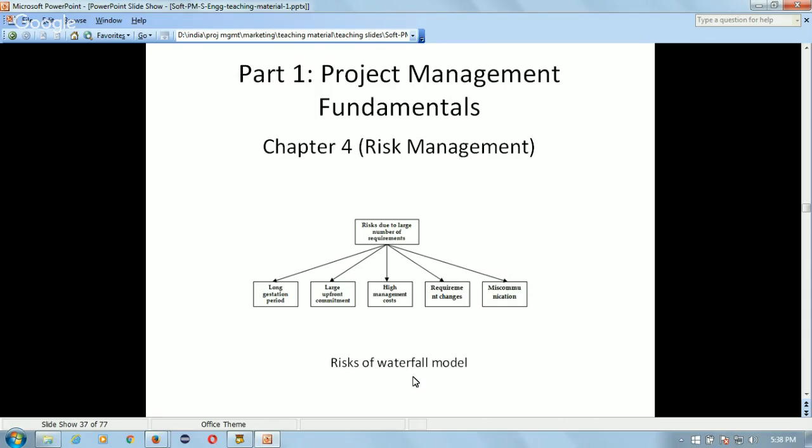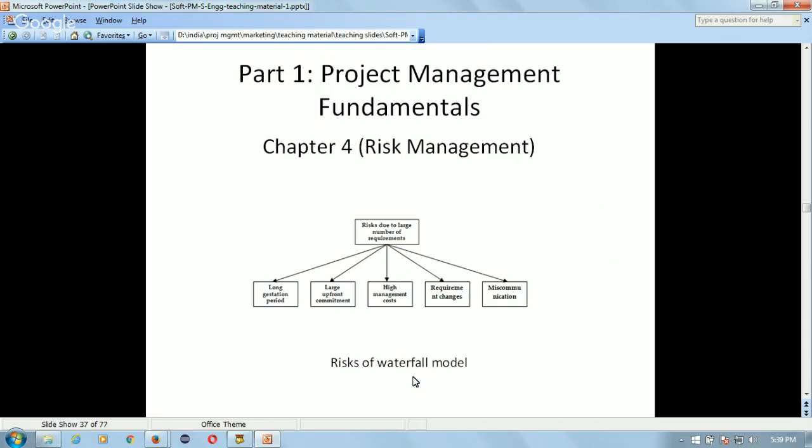And then the requirement changes on waterfall projects. It is a general tendency because customers want the product as per their requirement, but say the software has been developed for the last 3 months, so definitely there could be some changes in the market conditions, and the customer may like the product to meet those new market conditions, so they may ask for some changes.